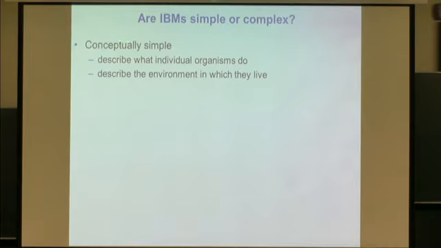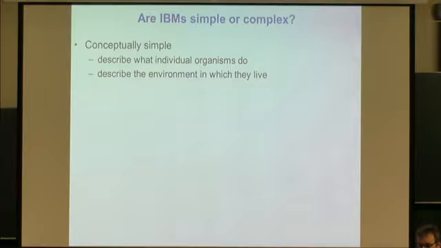They are conceptually simple, by which I mean that the idea of just describing what individual organisms do, the activities that they have, and describing what happens in the environment is conceptually very simple. Sometimes also the activities of the organisms can be very simple in these models.